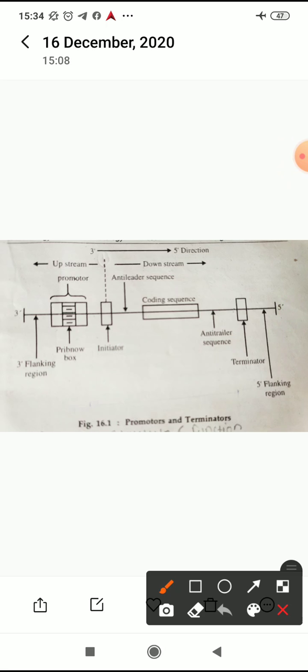A specific length of DNA on one strand of the double helix represents a gene. Each gene is divided into two regions, namely the coding region and the non-coding region.